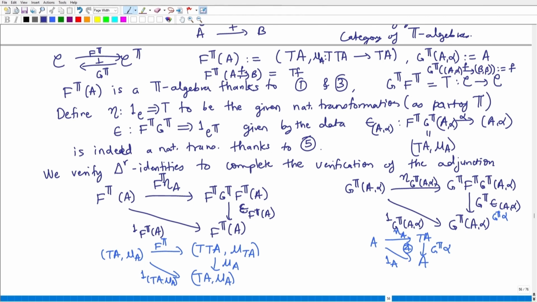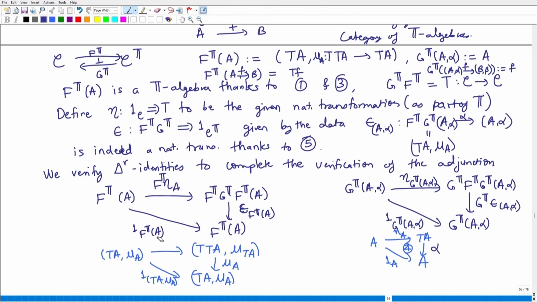So G_T composed with alpha won't do anything. That's why G_T alpha is actually just alpha. And the vertical one was correct in this first diagram. We just have to look at F_T of F_T composed with eta sub A.